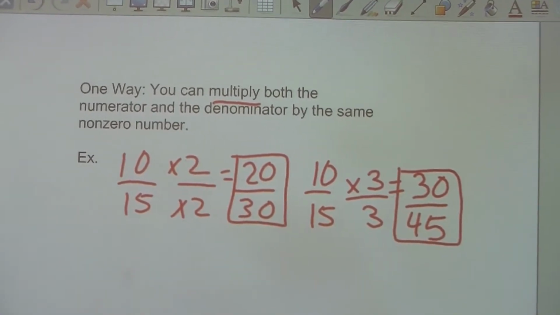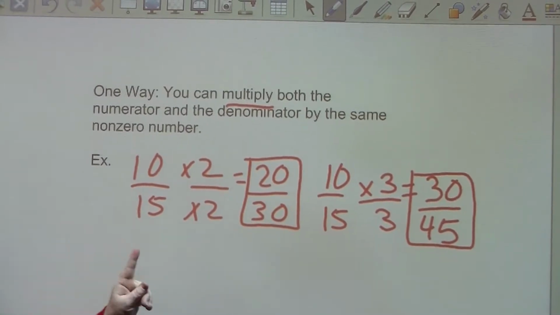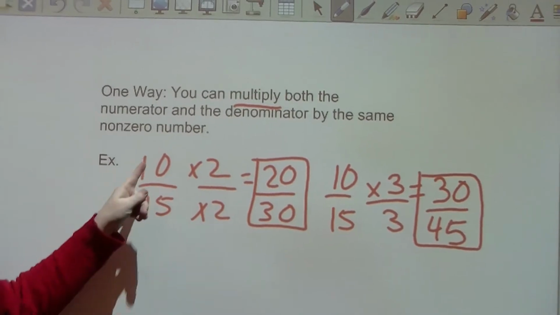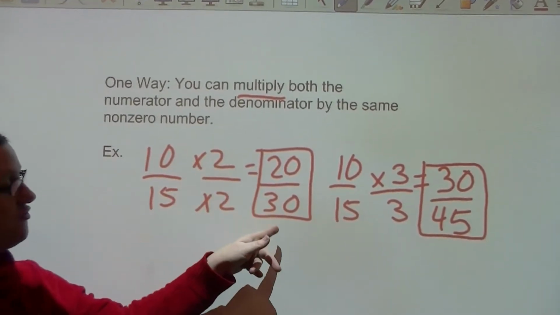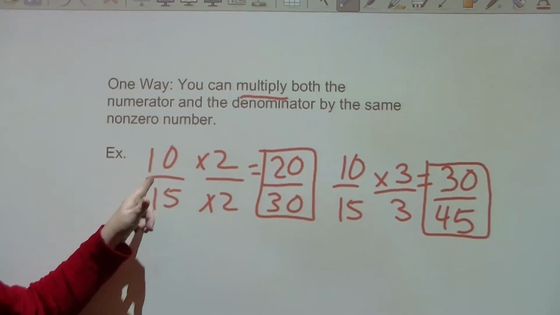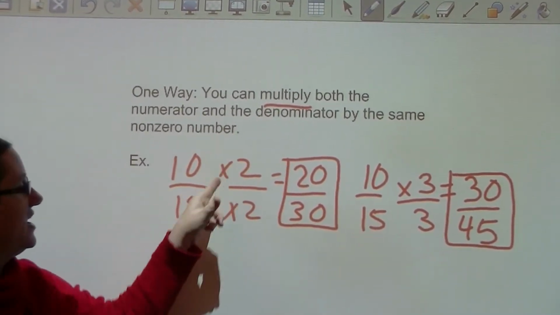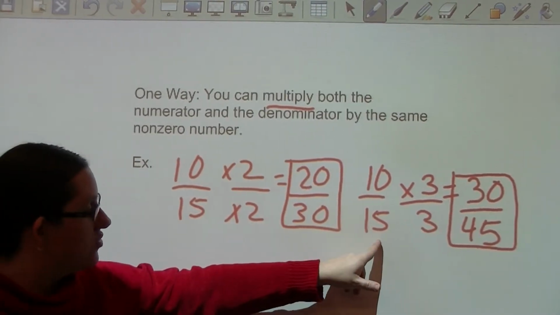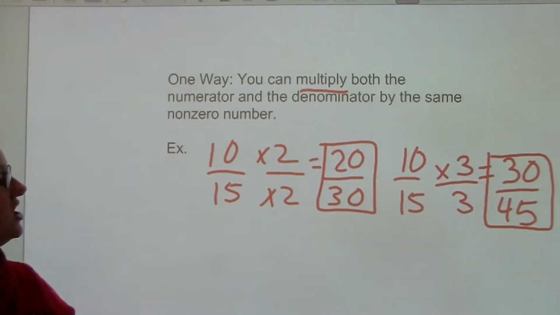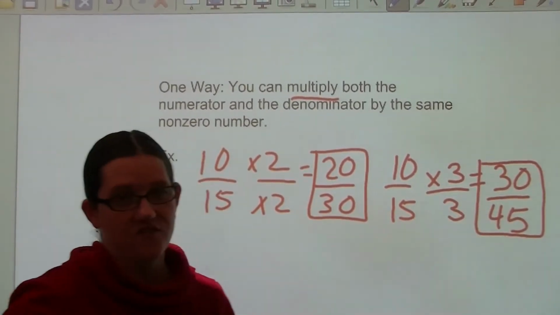Or you can multiply by any number as long as it's not 0 and 1. Because obviously if we multiply by 1, you're going to get the same what? 10/15. So that wouldn't be another fraction based on our identity property. So if you are asked to give two equivalent fractions, you can keep it basic and multiply each by 2. And then you see I rewrote the same fraction and multiply that by 3. So now I have two different equivalent fractions, 20/30ths and 30/45ths.